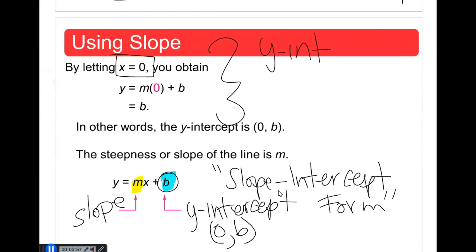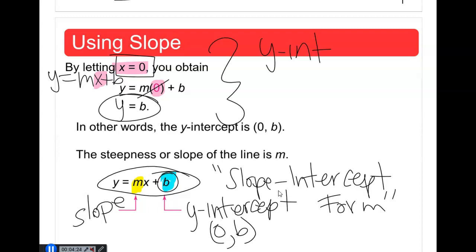And so if we start with this form, y equals mx plus b, which is the one that we call the slope intercept form, and we replace x with a 0, then we will have m times 0 is equal to 0. And so we have that y is equal to b. So in other words, the y-intercept is always going to be that point, 0, comma b.